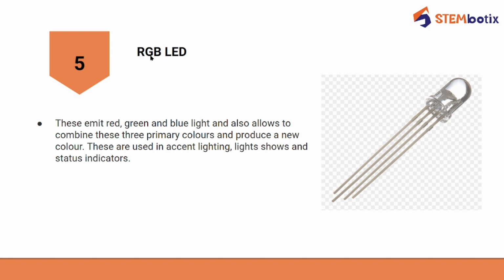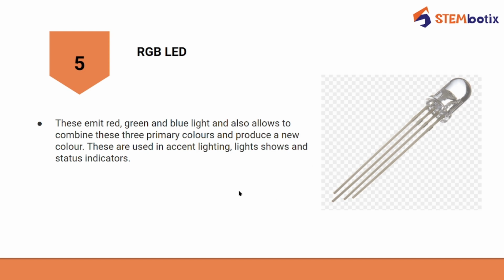One will produce red, the other one will produce green, and the third one will produce blue. While this is the common anode which would get connected to the battery's positive terminal, and these three together will go to the negative terminal of the battery.